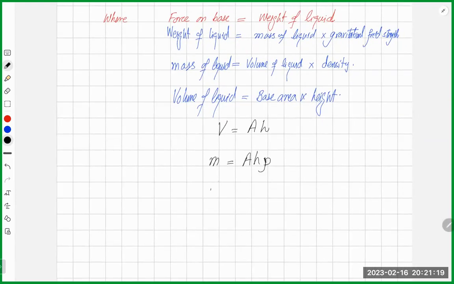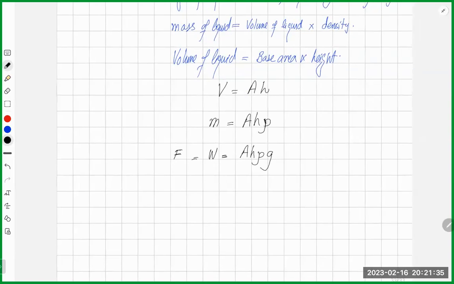Weight, which is equal to force. Force equals weight equals mg, mass into gravitational acceleration. So it will be AH rho into g. So pressure equals AH rho g, force over area.